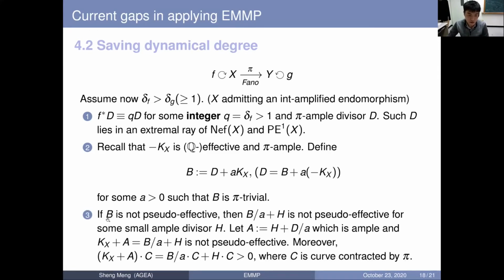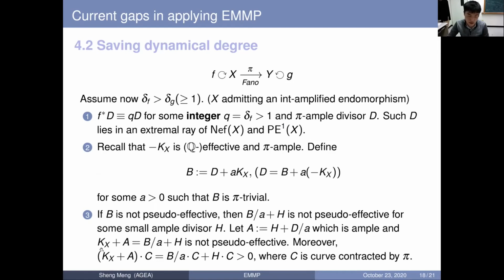First, if B is not pseudo-effective, then this is an open condition, non-pseudo-effective. So we can take B over a plus some very small ample divisor, and it is still not pseudo-effective. We let A equal H plus D over a. Note that H is ample and our D is nef, so A is still ample.